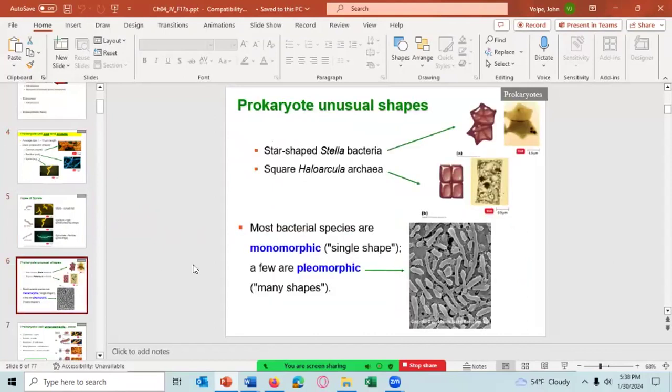Most bacteria have a single shape, like the Haloarcula. All of them are rectangles. And the Stella, even though they do have slightly different shapes, they are all star-shaped. Five stars, five edges, whatever you want to call it.